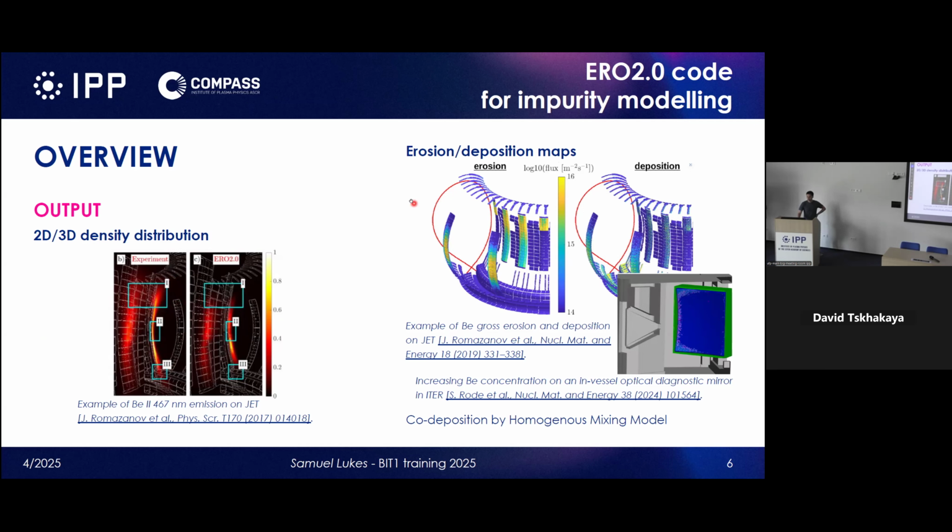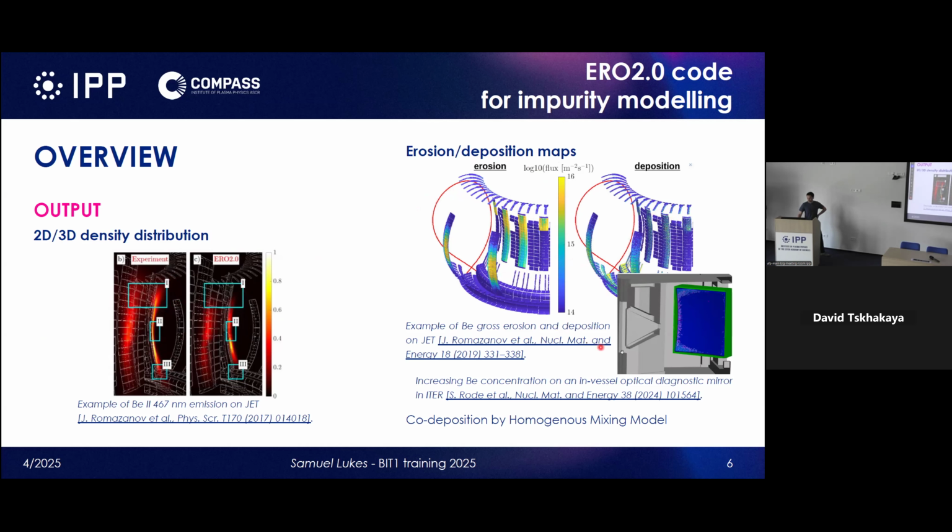Or if you are more focused on the plasma-wall interaction, then we can get those toroidal cutouts or the whole toroidal chamber, but usually it's toroidally symmetric in some sense, where you just get the values for the erosion, the net and gross erosion fluxes, the deposition, of course.